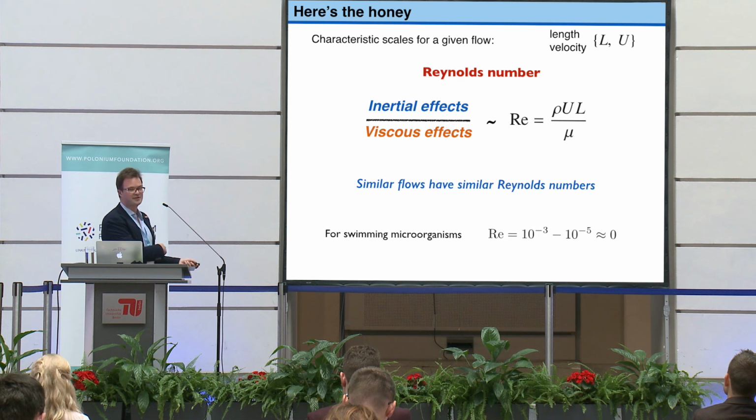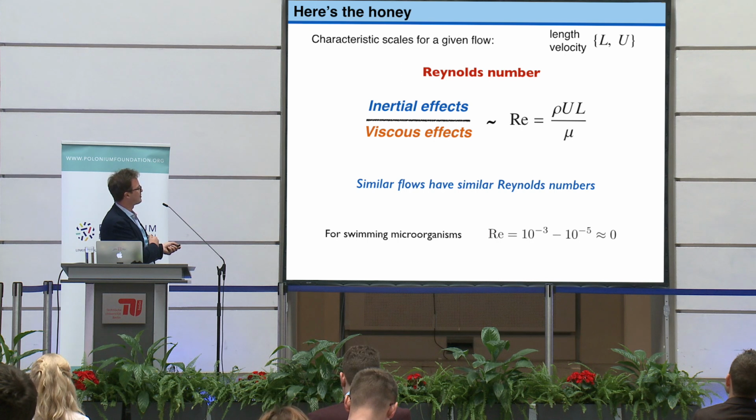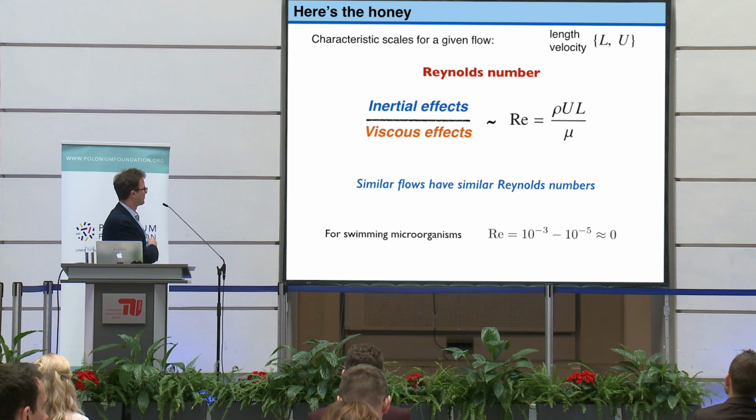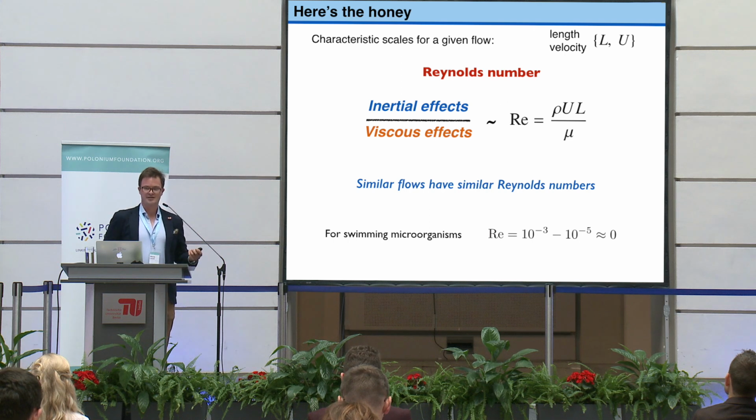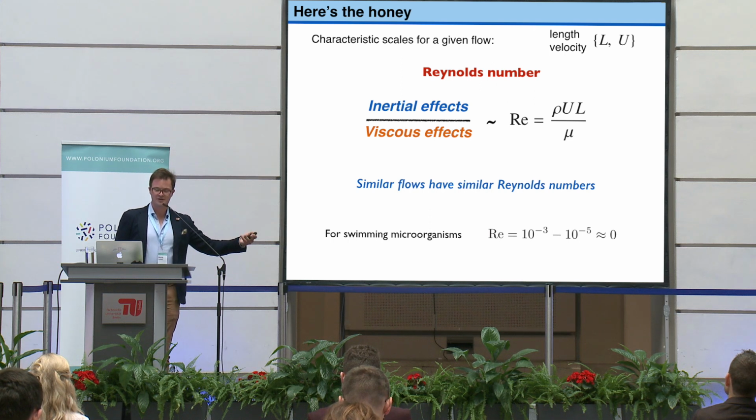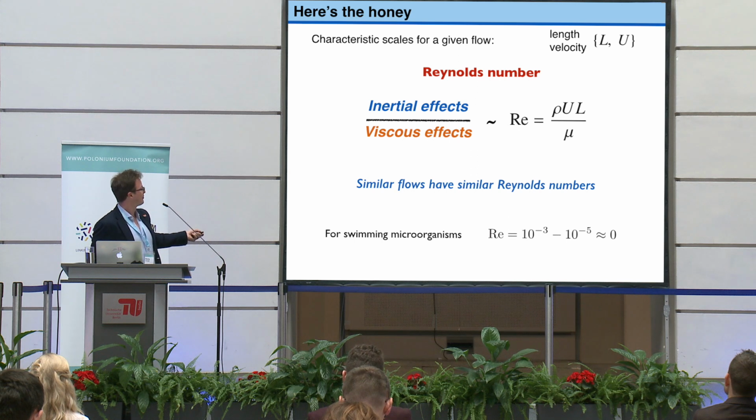This difference is quantified by the Reynolds number, which is a dimensionless number that measures the relative importance of inertial effects to viscous effects in a fluid. It's just the density of the fluid times the velocity times the length over viscosity. The mathematical fact is that the equations of motion of these fluids look similar when these flows have similar Reynolds numbers.